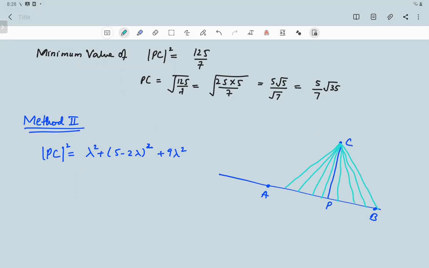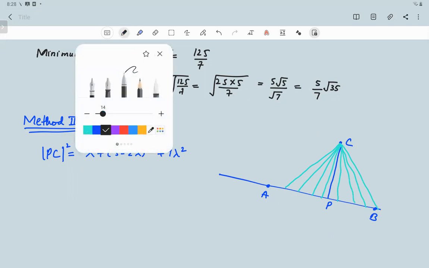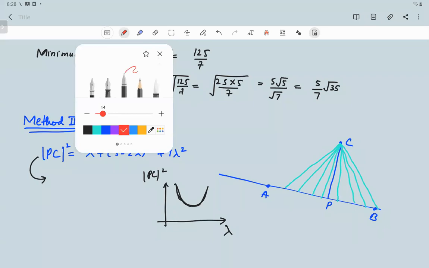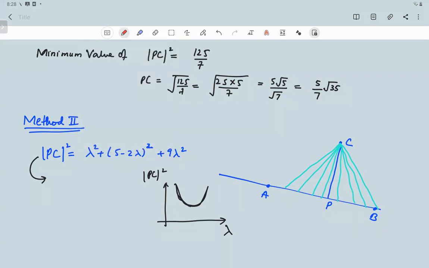Okay. In order to calculate the minimum value of this, if I plot PC square with respect to lambda, I'll get a curve like this. And I am interested in calculating this smallest value of PC square. For this, I should differentiate it.